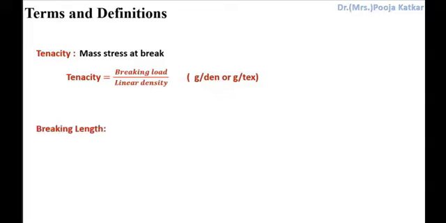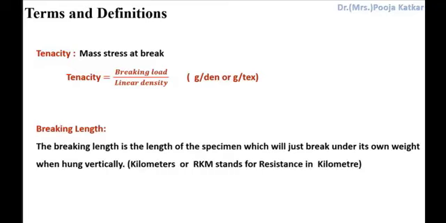The next term is breaking length. Breaking length is defined as the length of the specimen which will just break under its own weight when hung vertically. It is expressed in terms of kilometers or in terms of RKM.